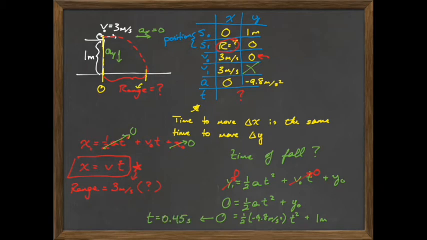So now that we know the time of fall, we can plug that into our equation to find the range. So the range is going to be 3 meters per second times 0.45 seconds, and that'll give us a range of about 1.4 meters.